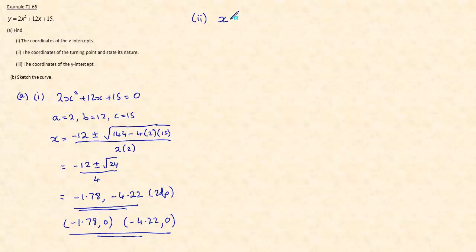We know the line of symmetry is negative b over 2a. So that's going to be negative 12 over 2 times 2, which is negative 3. So y is going to be 2 multiplied by negative 3 squared, which is 9.